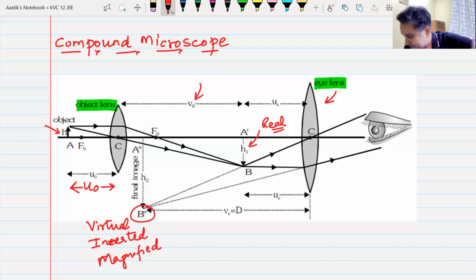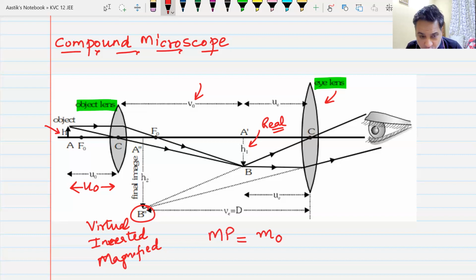Okay. Now, this is the diagram. Don't have to see much about the diagram. The only thing that we must be concerned about is the magnifying power of this instrument. Now, how do you find out the magnifying power? You find the magnifying power of O. What do you mean by O?